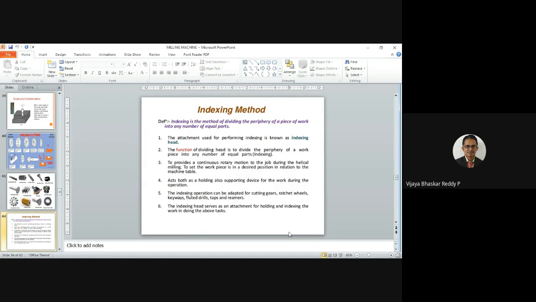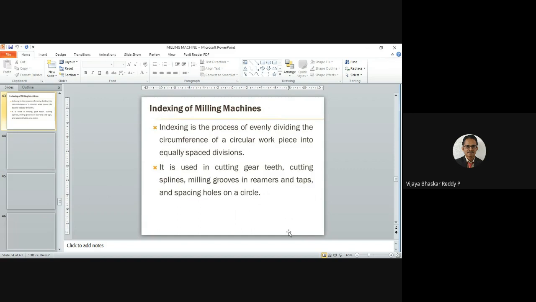We are going to divide the circular disc into equal parts, so for that purpose we index it. We can call it the universal dividing head arrangement on the milling machine for obtaining gear profiles on circular discs, as well as equally arranged slots for splines on particular parts. So, indexing on milling machines.